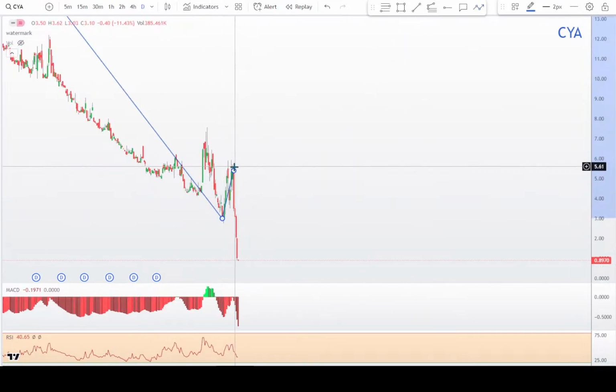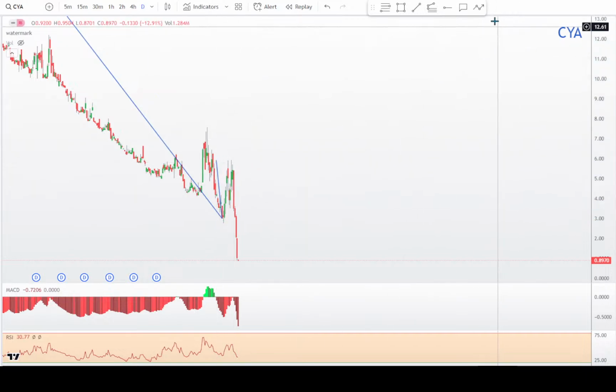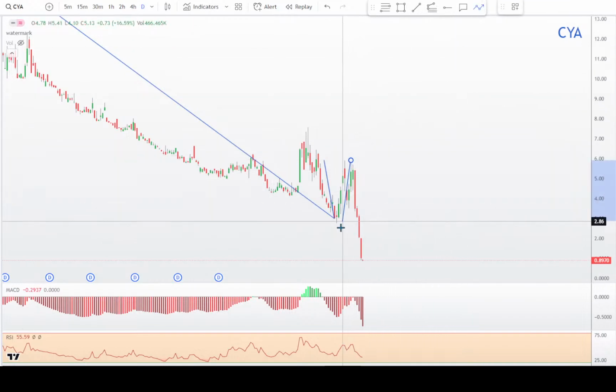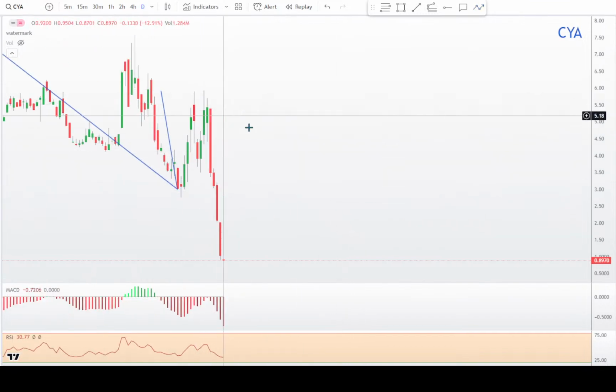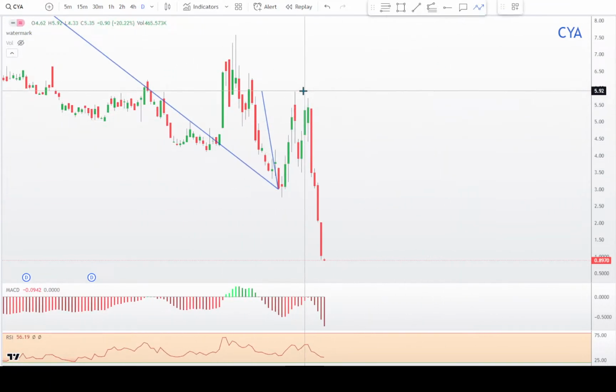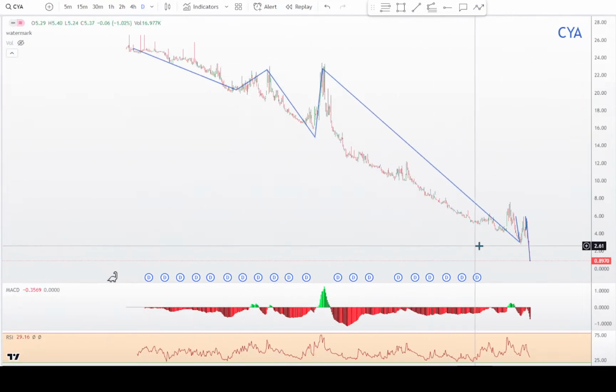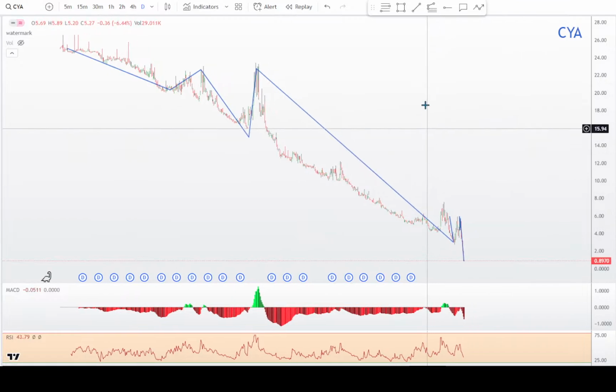And now, because it needs to be 3 waves, let me see here. Yeah, this looks pretty straight down. No, actually, look at this again. You do have 3 waves. Down, up, down. You do have 3 waves. So it looks like 1, 2, 3, 4, 5. So you could actually be getting a very big correction.